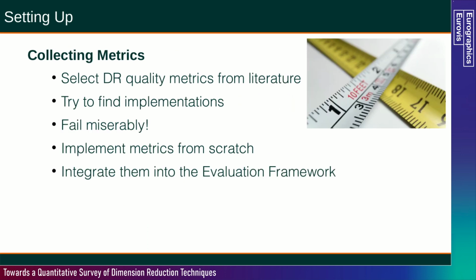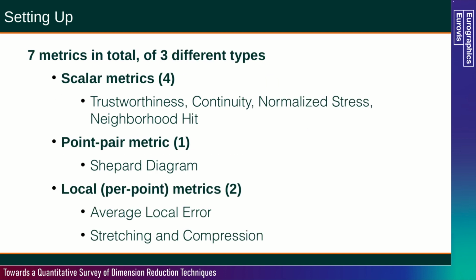Collecting metrics. We started selecting the quality metrics from the literature. We tried to find the implementations, then we failed miserably because most of them were not implemented anywhere that was easily reachable. So we implemented all metrics from scratch and integrated them into our evaluation framework.